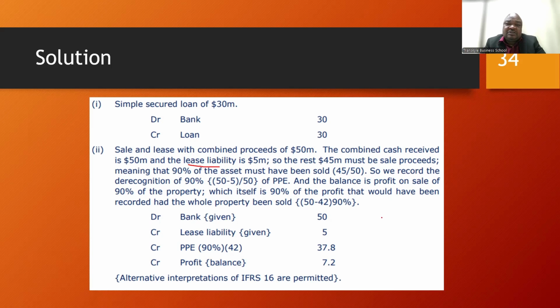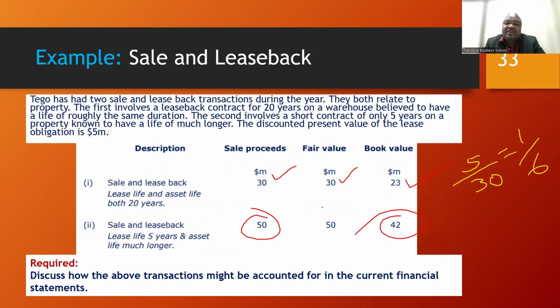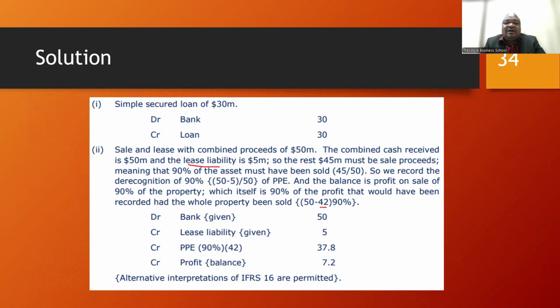So that's 50 minus 42. Remember, the 42 is the NBV, the net book value. This is the profit which would have been recorded.